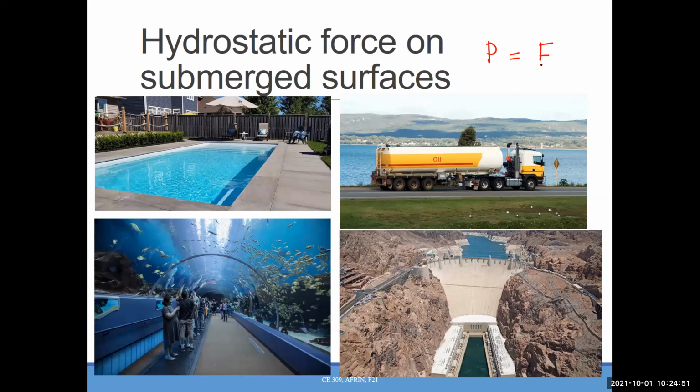So pressure equals force over area. Is there anything I need to mention here, like the direction of force on the area? F should be perpendicular to the area, otherwise it will be just the shear stress, right? Okay, so we know the pressure. Now we will try to find out how we can find the hydrostatic force.